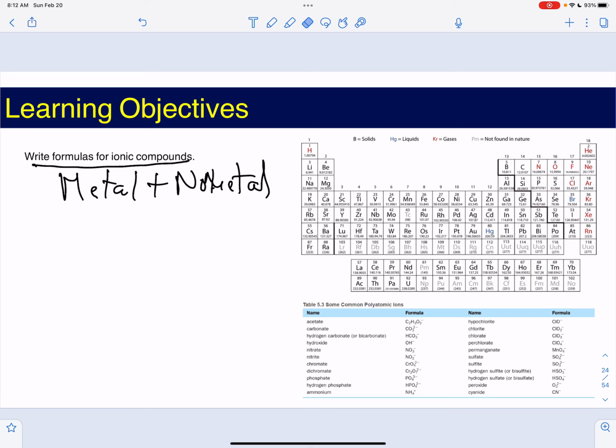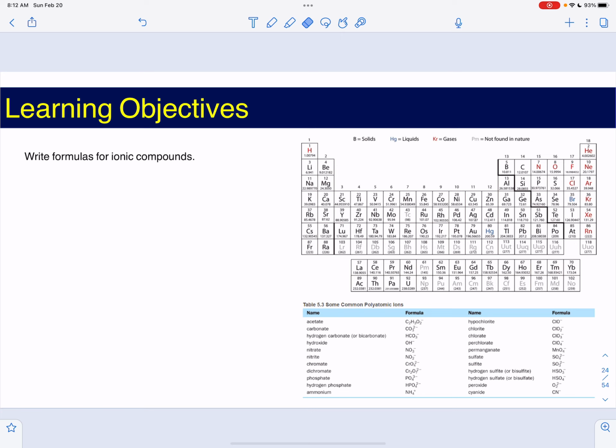I would like for you to learn this and not just memorize it, because it will save you so much and it will prepare your brain for other stuff that is coming. I'm going to tell you what you need to memorize first, and then I'm going to tell you why it's like that. Anything in this column, if it was part of a compound, would be 1 plus.